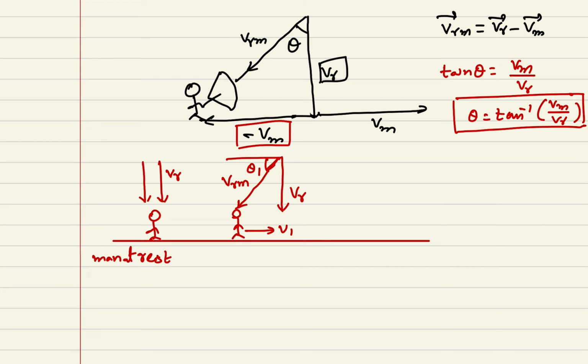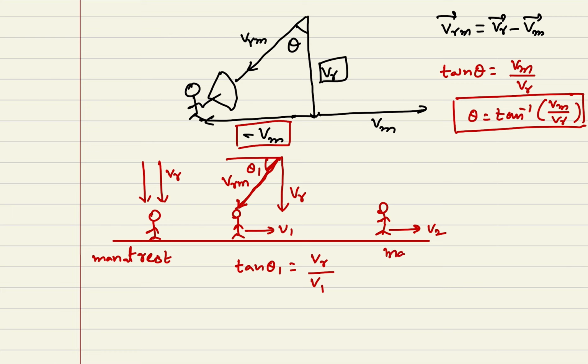Velocity of rain is coming from the sky. Understand that? If you move, the direction of the rain with respect to the man will change. In this case we can write tan theta 1 as Vr divided by V1, the velocity of man.